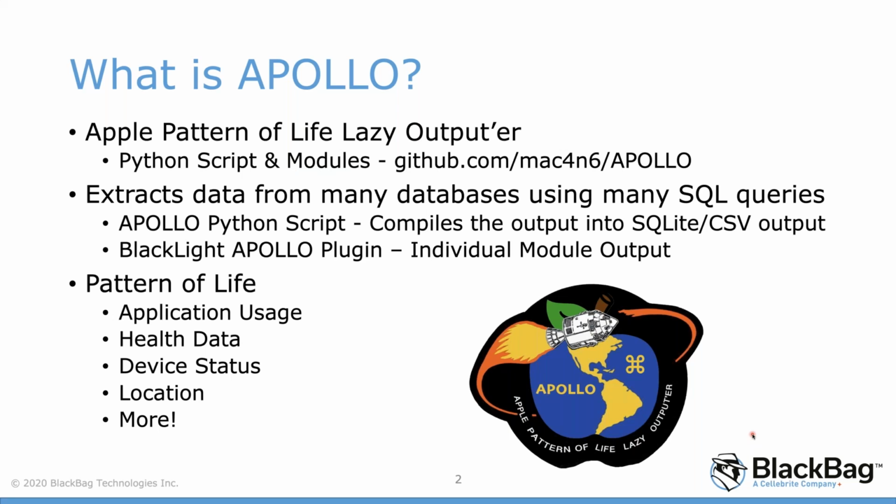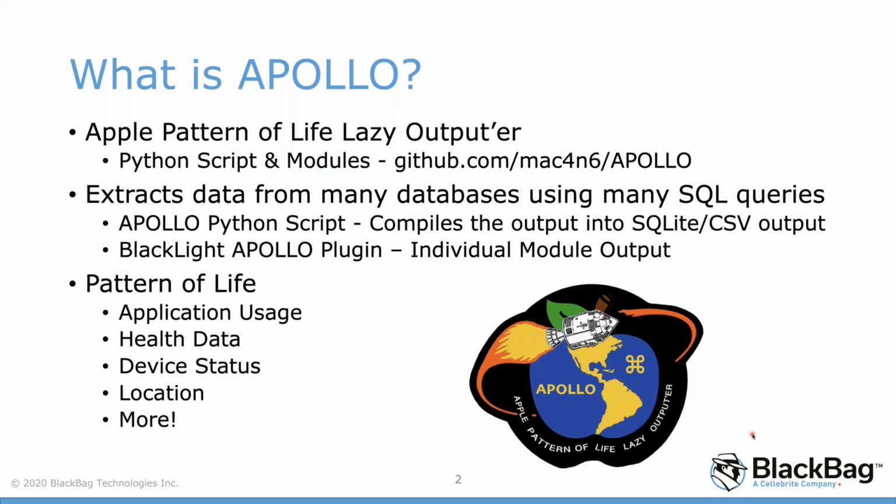If you just run the straight up Apollo script, which is available on my GitHub, you get SQLite or CSV output. But for this particular one, I'm going to show you the BlackLight version of that. So whether you just want to run a Python script or you want BlackLight to do the heavy lifting for you, you're going to get the same type of information from either side. So it's purely up to you.